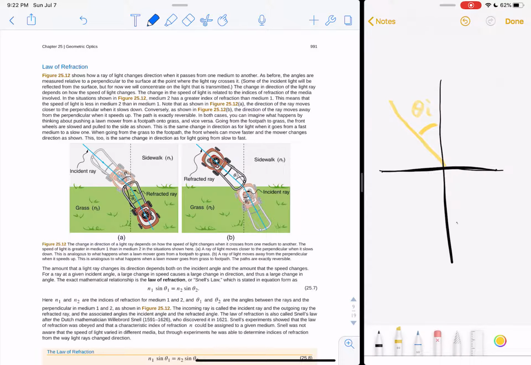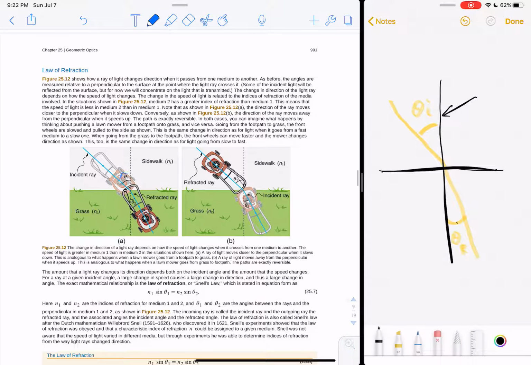The refracted angle is down here, theta refracted. Your incident angle and your refracted angle are always measured with respect to the normal line, or that line that's straight up. So let's go over to these drawings. You see that angle 1 and angle 2, they're all measured with respect to this dotted line that's up and down. So that's your incident angle, and this is your refracted angle.